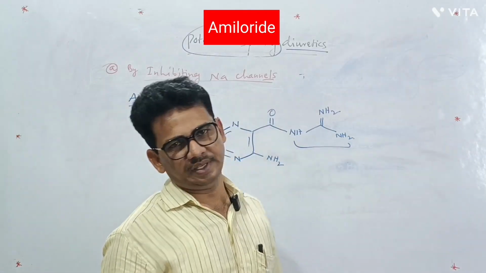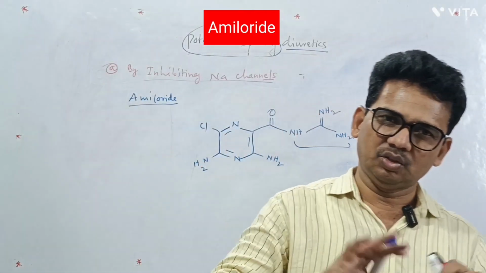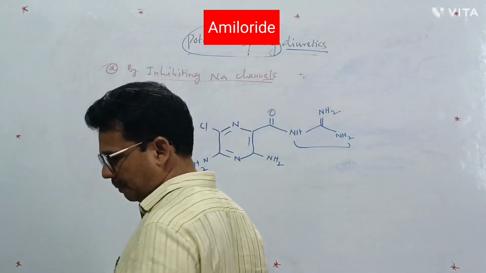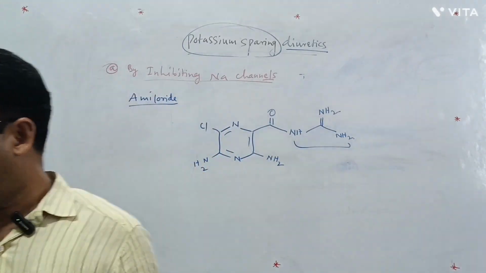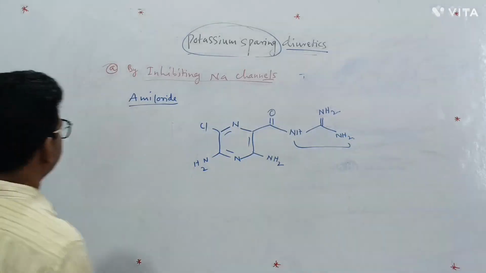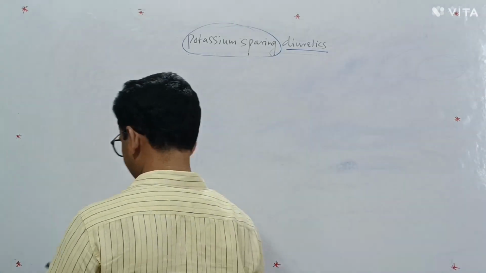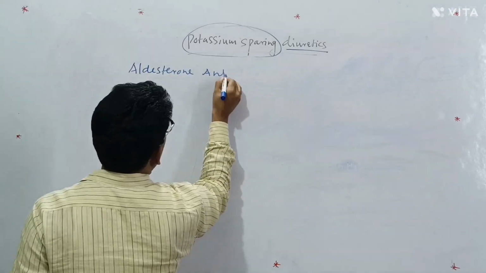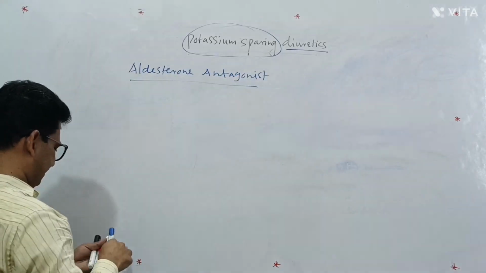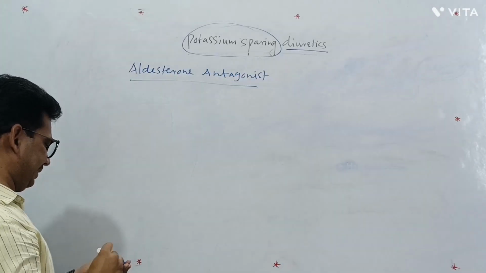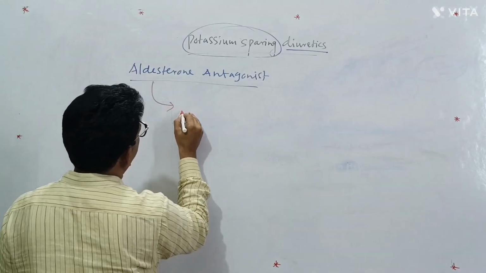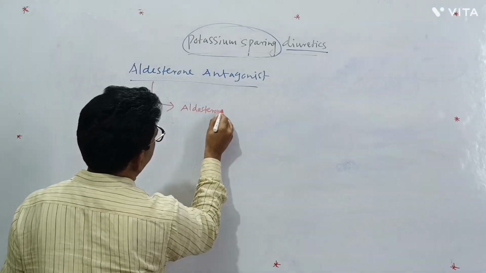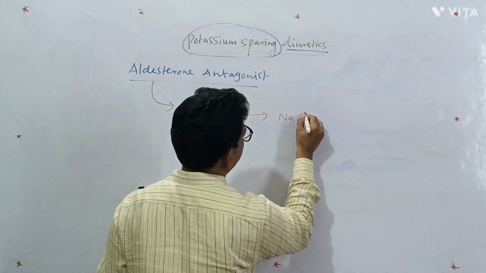Amiloride uses are also the same. It also prevents the sodium channel. Okay. Now next we go for aldosterone antagonists. Another type of potassium sparing diuretic is the aldosterone antagonist. Remember this. What happens in this case? If aldosterone increases, sodium increases.